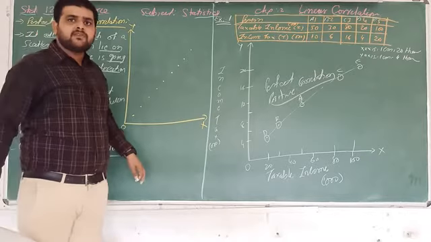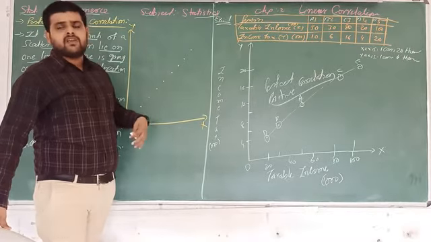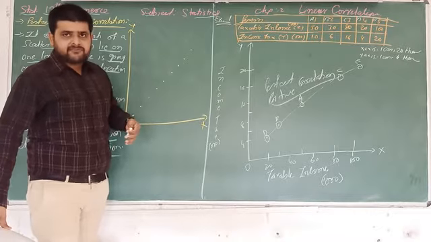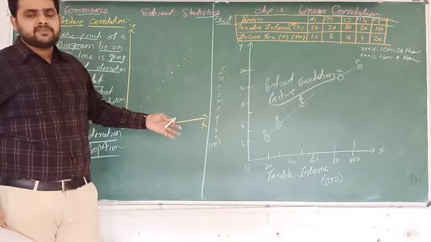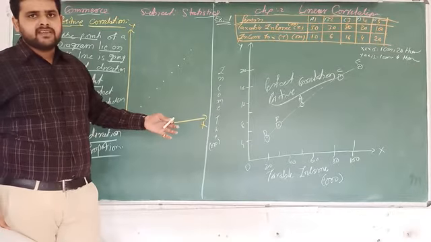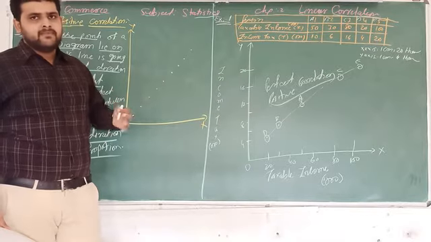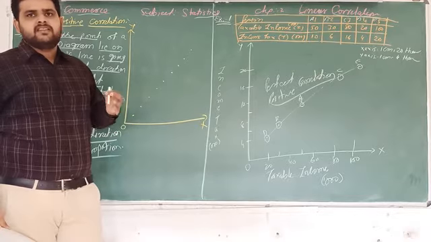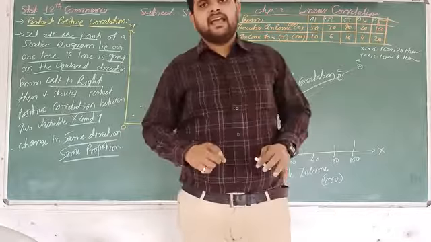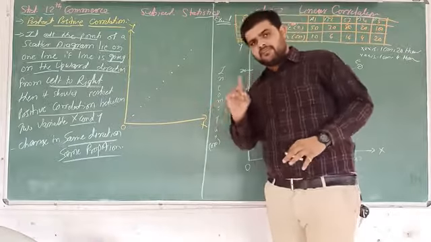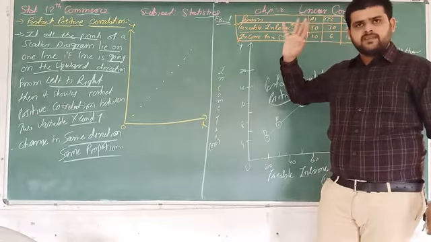Then the correlation coefficient, the measure to check correlation. Then three methods to find correlation: number 1, scatter diagram; number 2, Karl Pearson's product moment method; and number 3, Spearman's rank correlation method. Of these, first is the scatter diagram, which has 5 types, of which the first is perfect positive correlation. Okay, thank you.